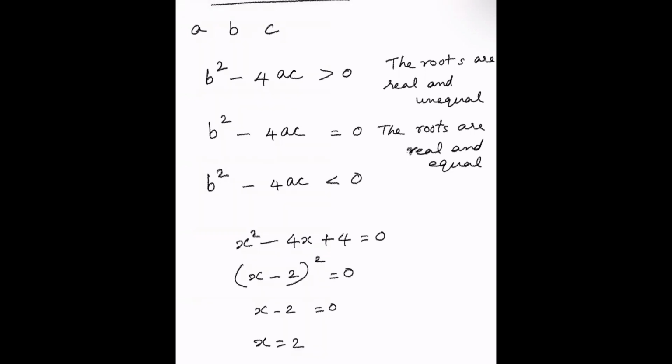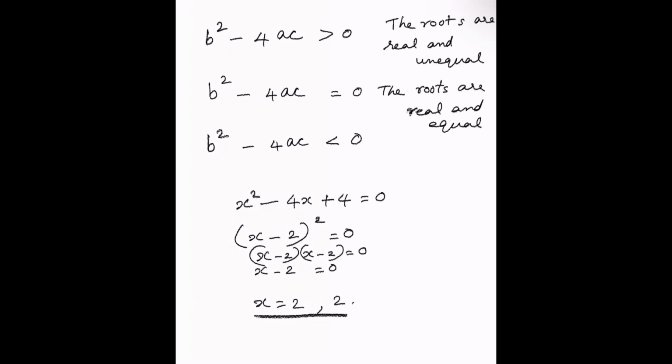The factors are x minus 2 into x minus 2 equal to 0, so x is equal to 2. In the other factor also, what are you getting? 2 only. So for this kind of equation, where both the roots are the same, you will get it when b square minus 4ac equal to 0.